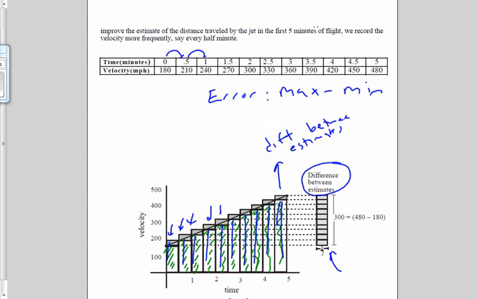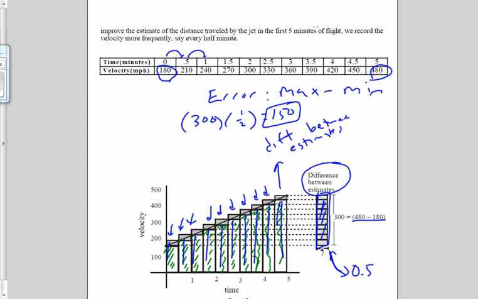So if we look at each of these blue boxes and then consider smushing them to create one big box, the height of that box would be 480 minus 180, and it has a width of 0.5. So this width here is 0.5. And so the difference between our estimates would just be the area of this blue region, which is 300 times a half, which is 150.